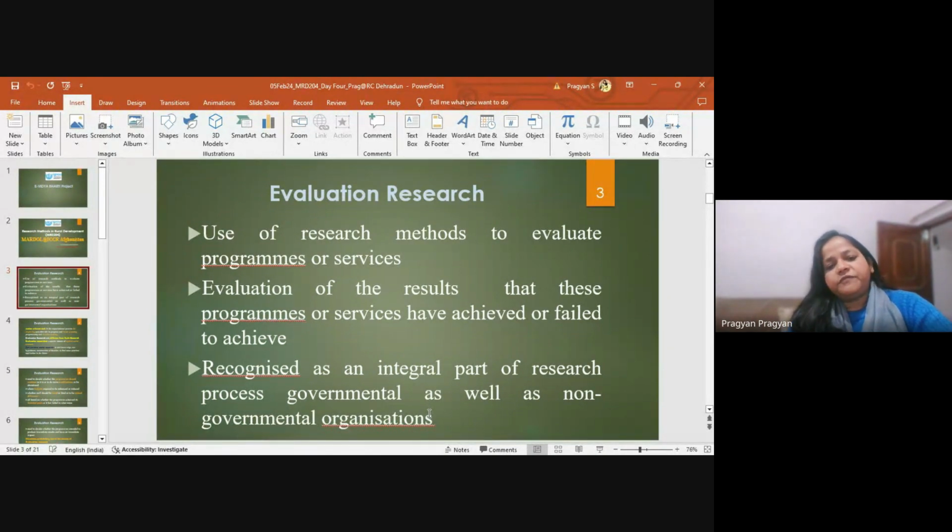There are several phases of a particular development program. All these agencies are there in the rural area for the continuous supply of goods and services, or you can say development programs and services, for the betterment of rural society.